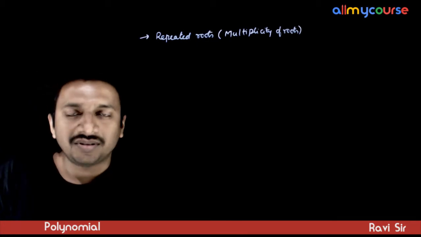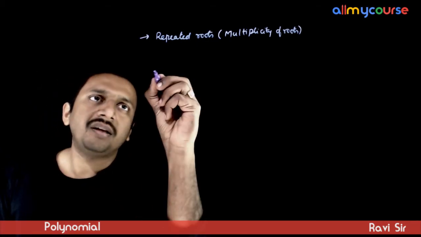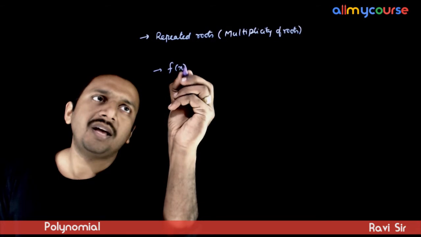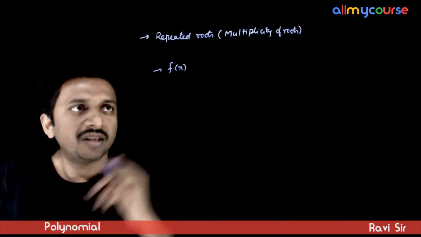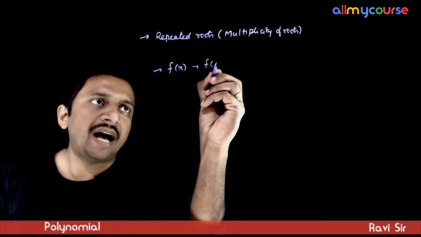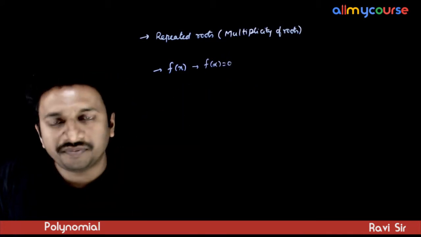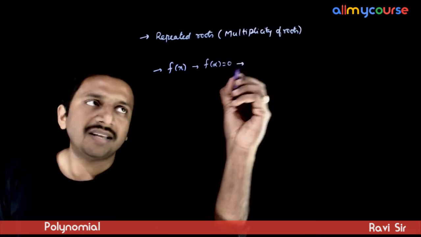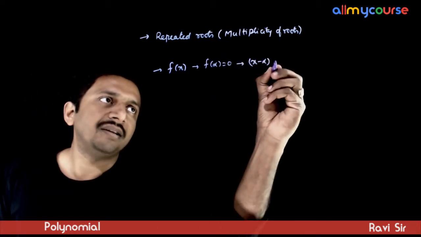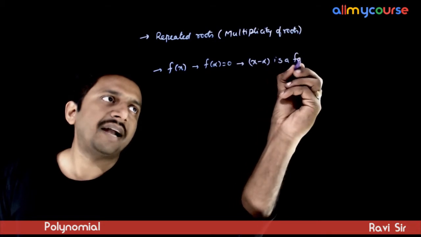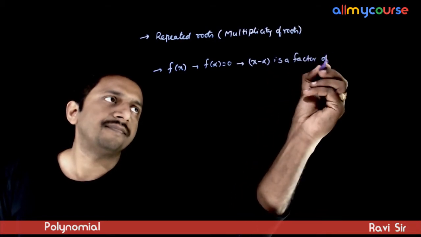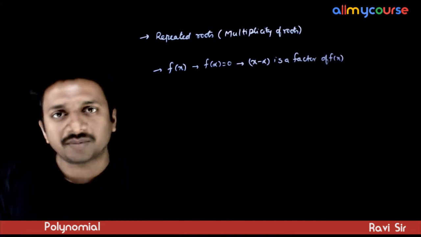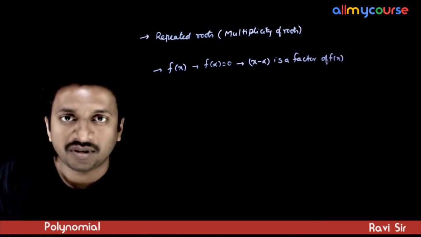So let us see what this is. For example, if you have a polynomial f of x, if f of alpha is equal to 0, then I can say that x minus alpha is a factor of f of x.